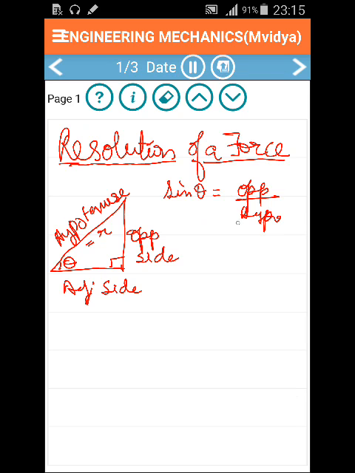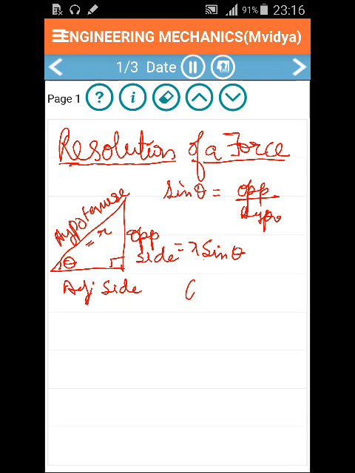So can I say my opposite side therefore will be hypotenuse into sine theta. So hypotenuse is r. So I'll get my opposite side is equal to r sine theta.